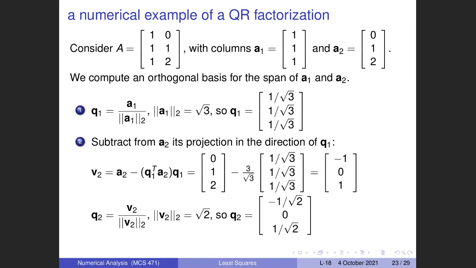And then we are going to make the second vector by subtracting from the second vector the projection in the direction. So here we go through this in a pure algebraic way. There is a geometric interpretation of this via pictures, which I hope to explain in the next lecture.